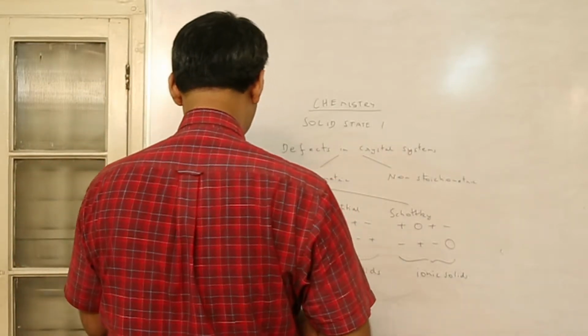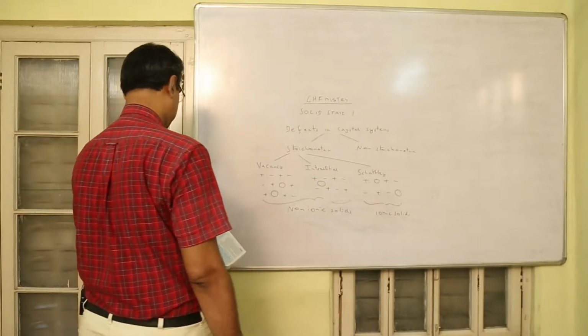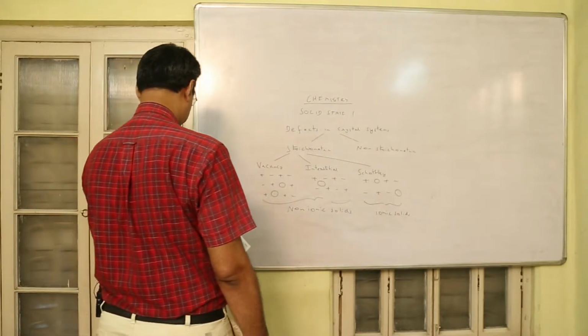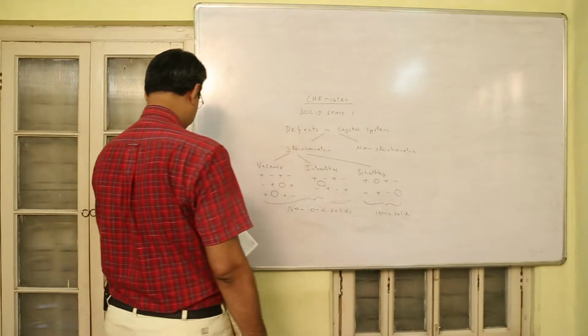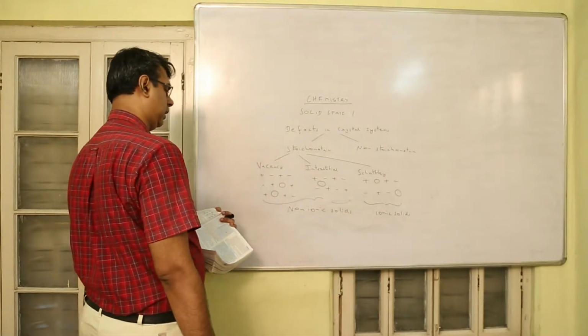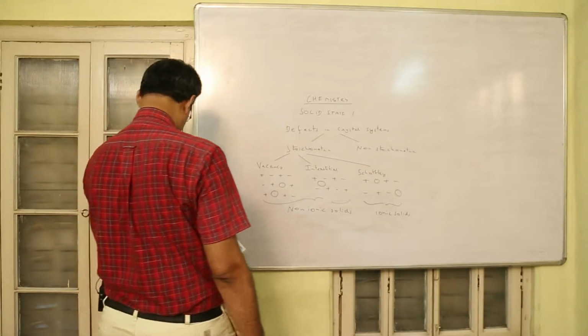So what happens is that in case of vacancy defect, the electrical neutrality may or may not be maintained, but in Schottky defect electrical neutrality will always be maintained.